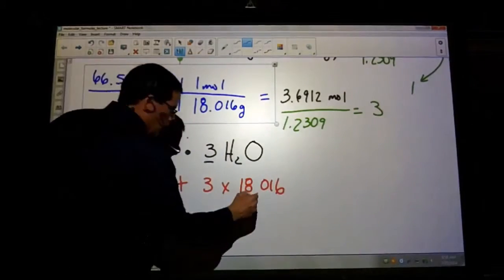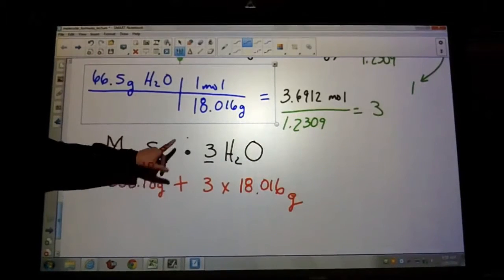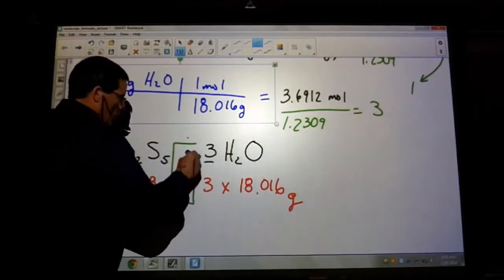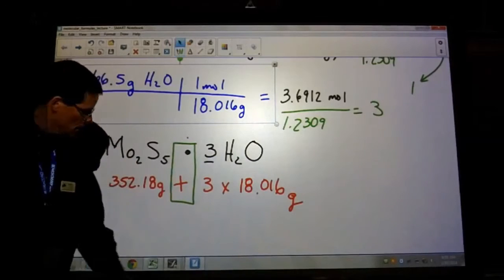I'm just saying, because you'll see it on the test. I'll ask you for the molar mass for this. But the thing is, I'm saying that this dot is not a multiplication sign. It is a plus sign. So you've got your water and you add it to your molecule. Okay? All right.